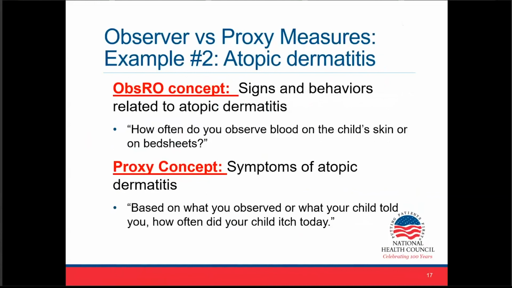Another example, atopic dermatitis. Signs and behaviors would be blood on the child's skin or on bed sheets. Symptoms would be, how often did your child itch today? If you watch a child all day long, you might be able to answer the question, how often did your child scratch today?